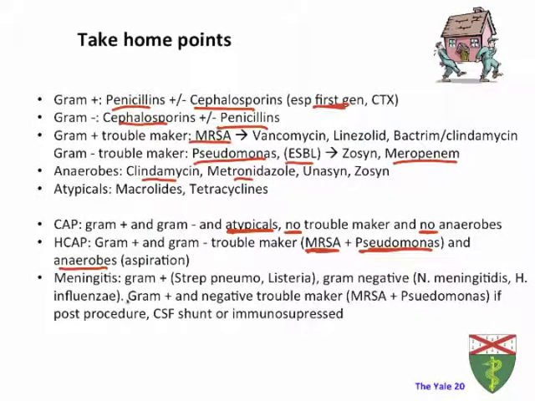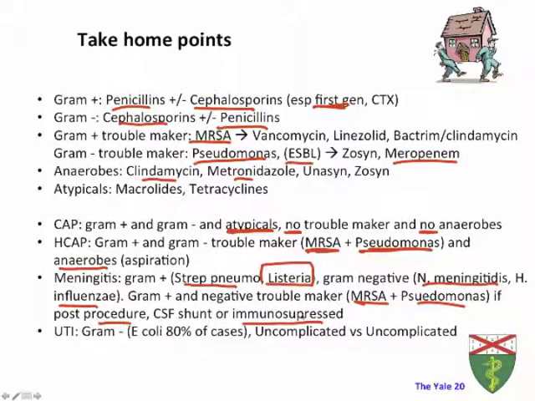Meningitis, gram-positives are strep pneumo and Listeria, very important in patients who are older or alcoholics. Gram-negatives, meningococci, H. influenzae, and troublemakers, MRSA and Pseudomonas, you would think about if you have procedures or if a patient is immunocompromised. Your UTI, E. coli until proven otherwise.